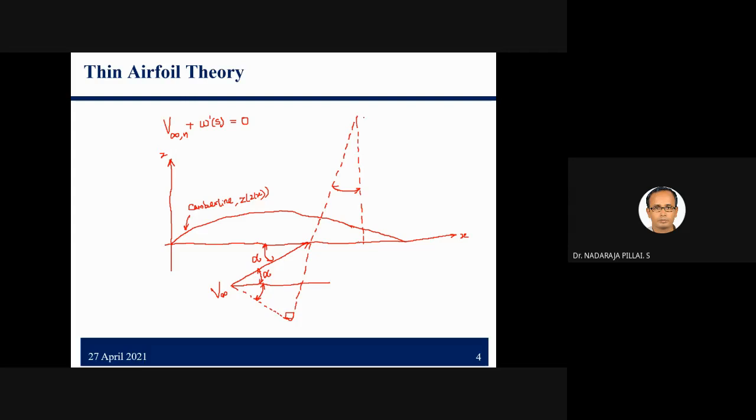So this we can say is dz, right? And this is in x, so this is dx.